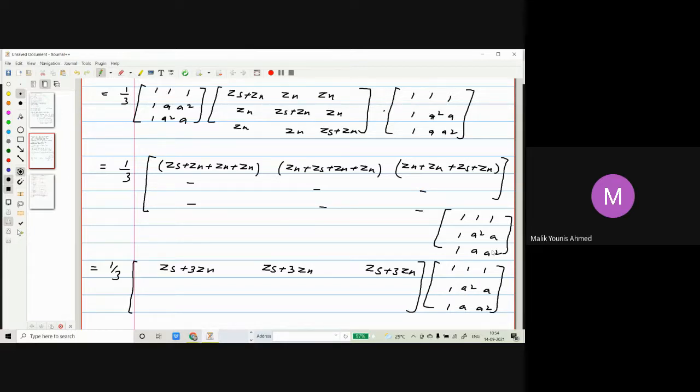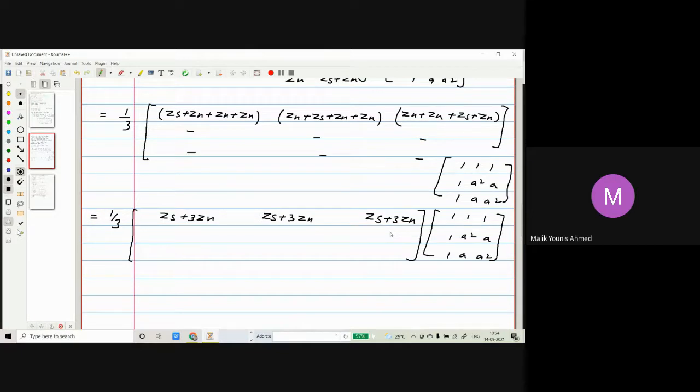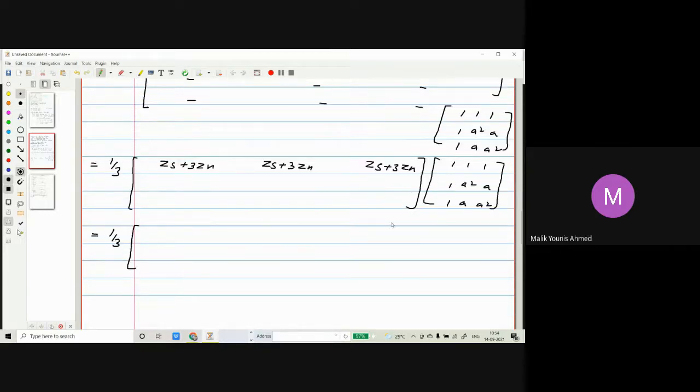Now this 1 by 3 will be here. You multiply the first row with these columns. First row with the first column becomes Zs plus 3Zn plus Zs plus 3Zn plus Zs plus 3Zn.